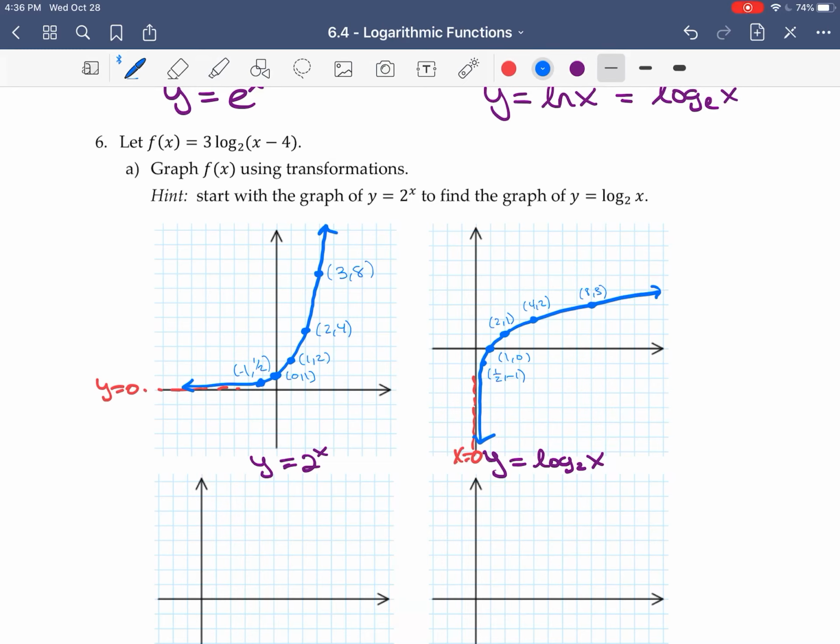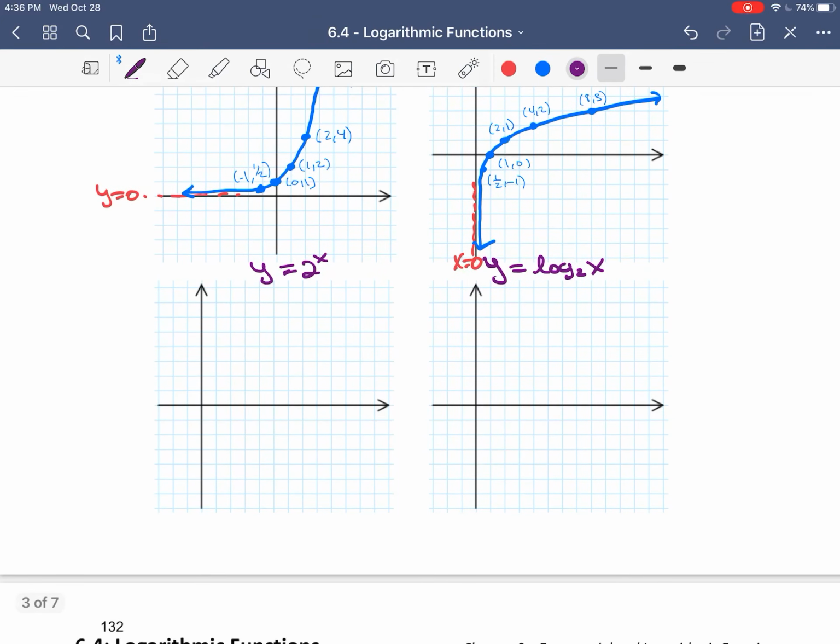So now I want to transform that graph. The first thing I'm going to do is the x minus 4 on the inside. So this is y equals log base 2 of x minus 4. What this does is shift 4 units to the right, and that includes the asymptote.